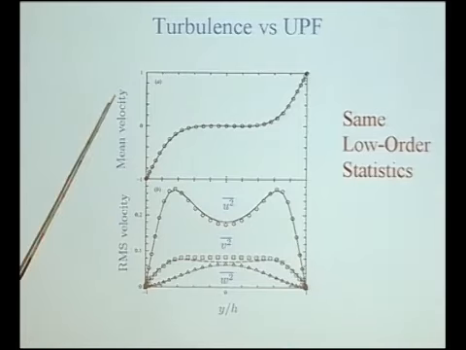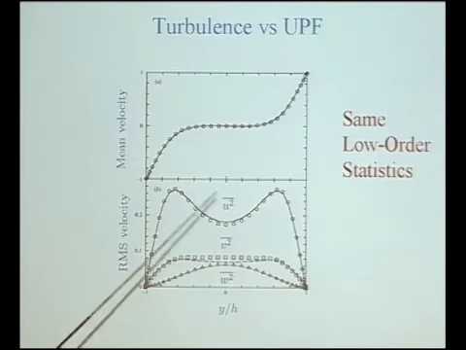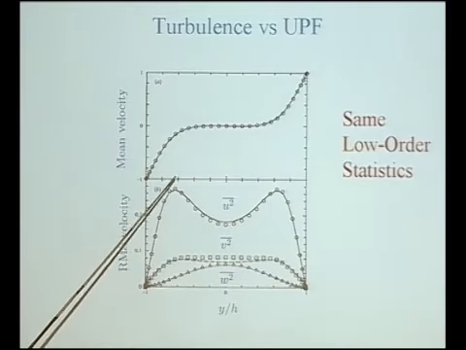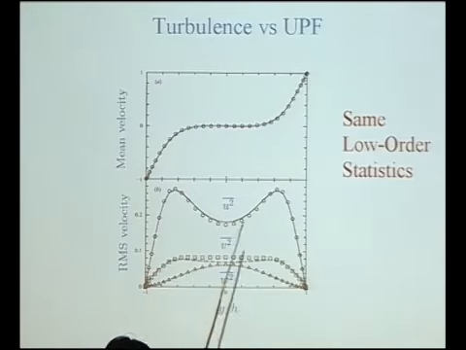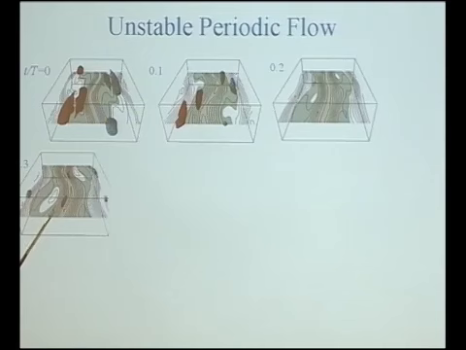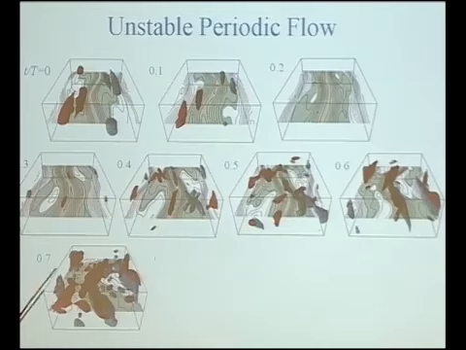This is a comparison of the low order statistics between the two fields, and they give almost the same statistics for low order values. This is the mean velocity. This is the RMS velocities.